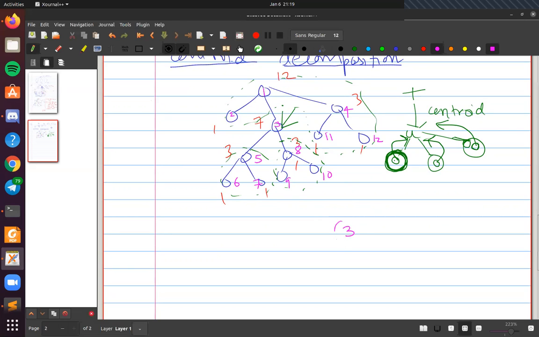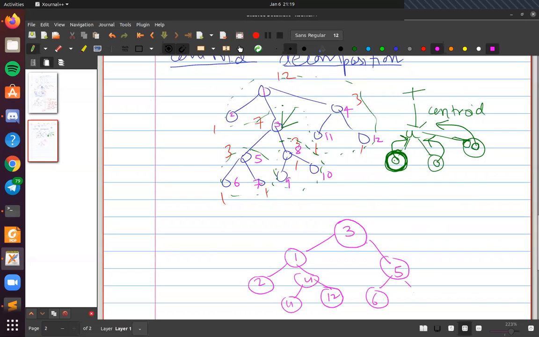So node 3 was our centroid, and then we had nodes 1, 2, 4, 11, 12, then 5, 6, 7, 8, 9, 10.